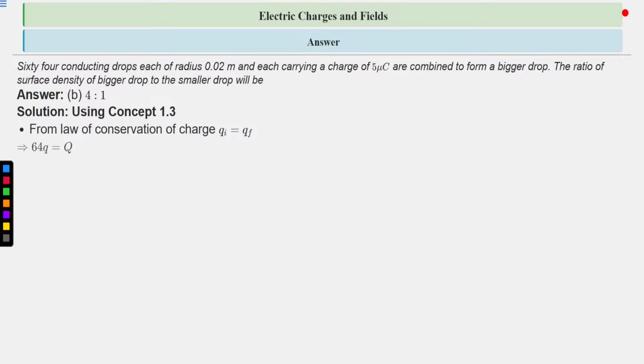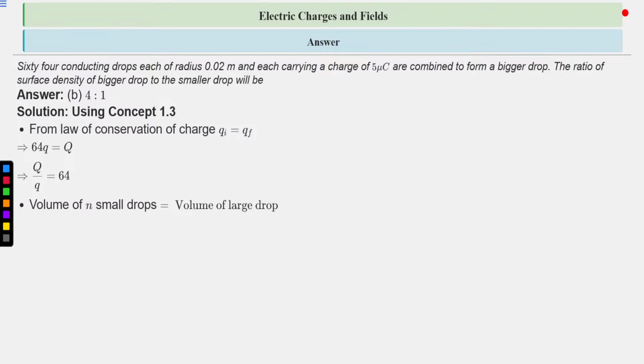That is 64 into small q, where small q is the charge on the small drop, and there are 64 drops. So 64 into q is the net charge before combination, equal to capital Q, that is the charge on the bigger drop after combination. So charge will remain conserved. So capital Q by small q is equal to 64.